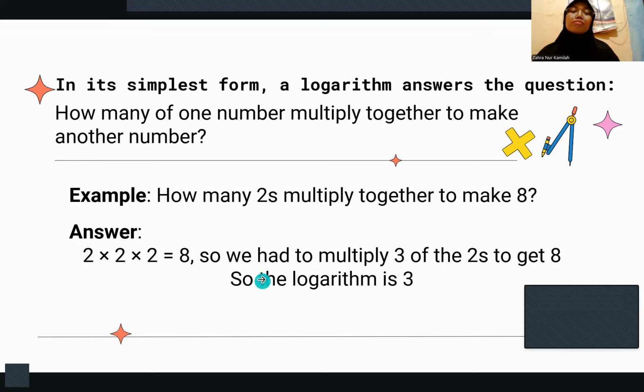We had to multiply 3 of the 2s to get 8. So the logarithm is 3, because 2 times 2 times 2 equals 8. So that's it.